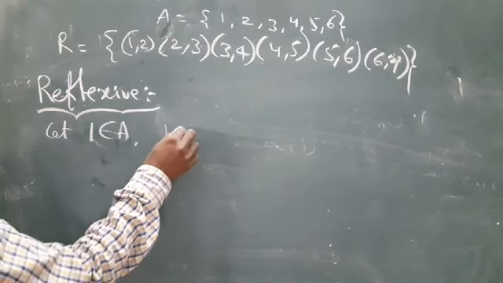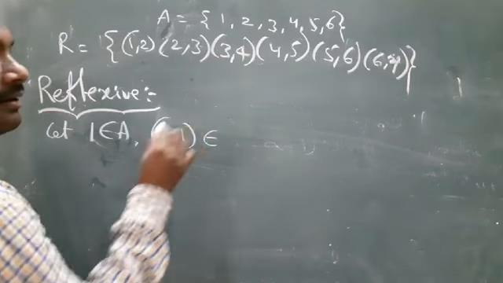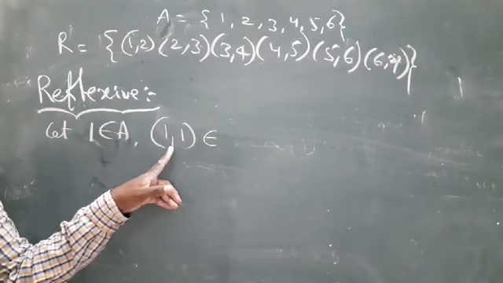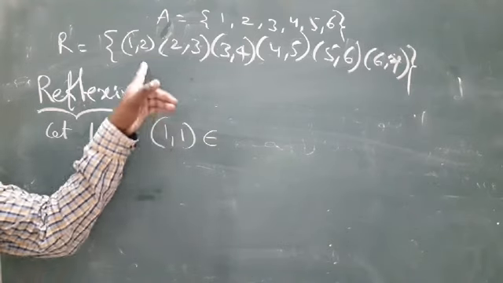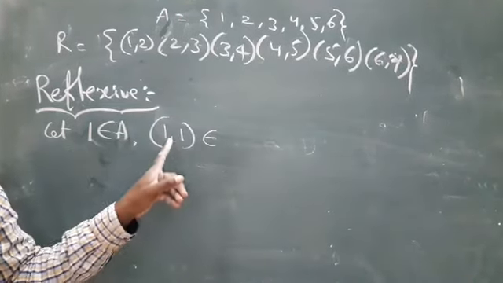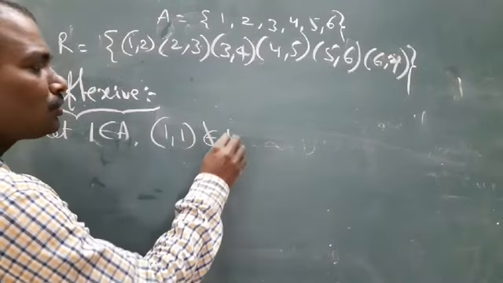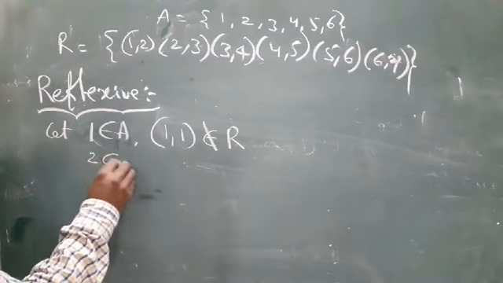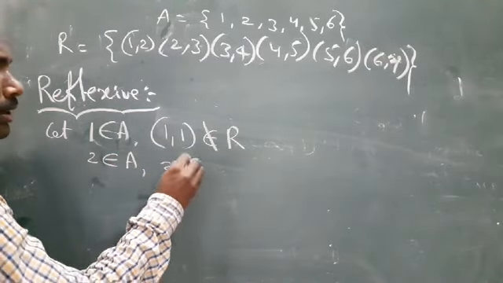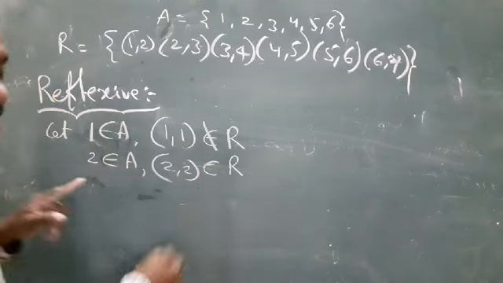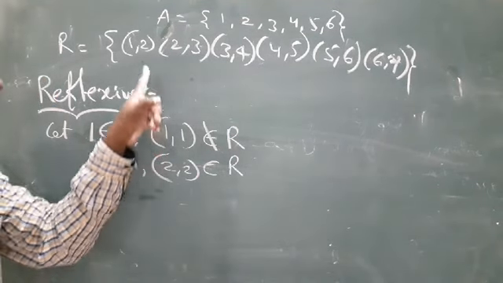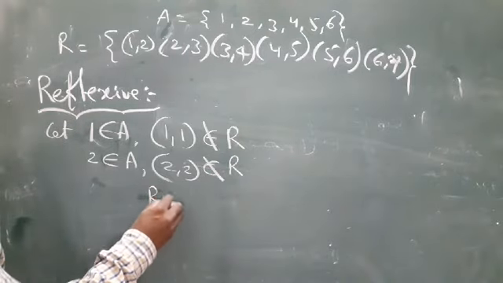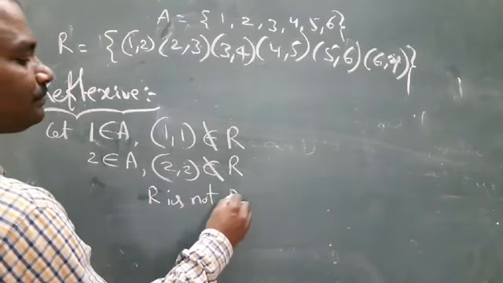Yes, (1,1) belongs to R. Is this element in R? No. (1,1) does not belong to R. Reflexive means itself. For example, 2 belongs to A, so is (2,2) in R? No. So R is not reflexive.